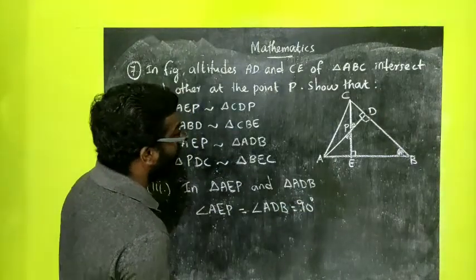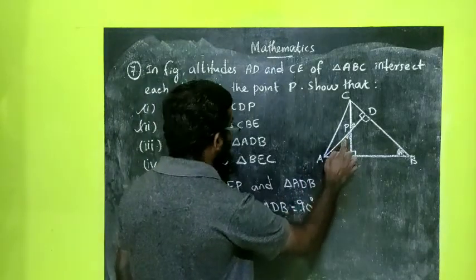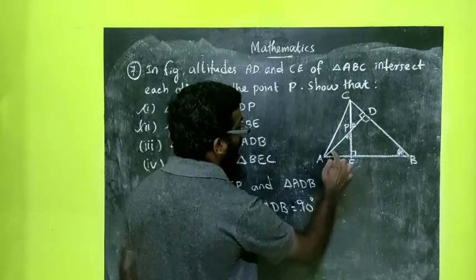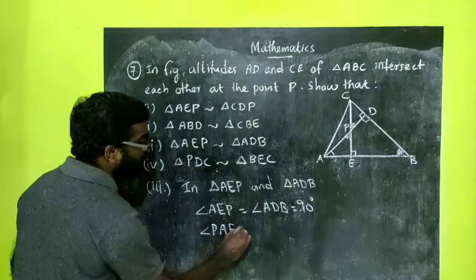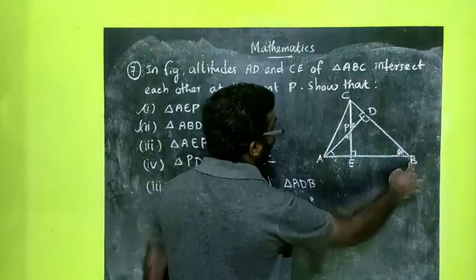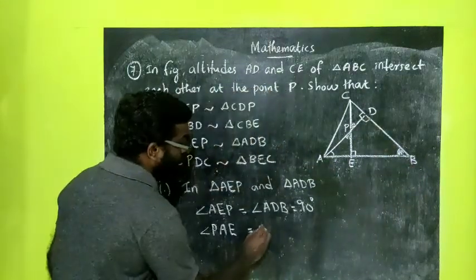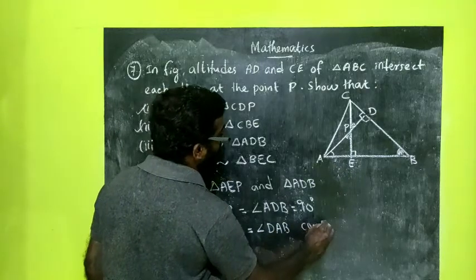And in both the triangles, we have a common angle. In triangle AEP, we can name it as PAE, angle PAE, which is equal to, and in ADB, we can name it as DAB, angle DAB, which is common.